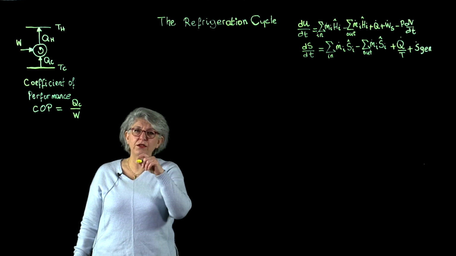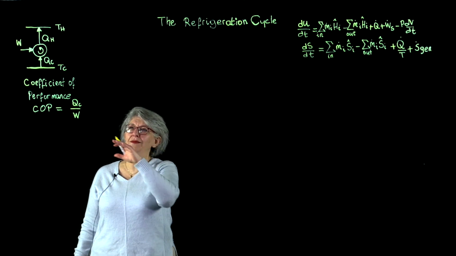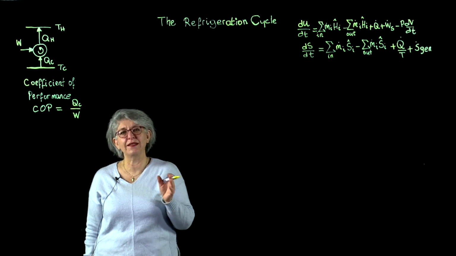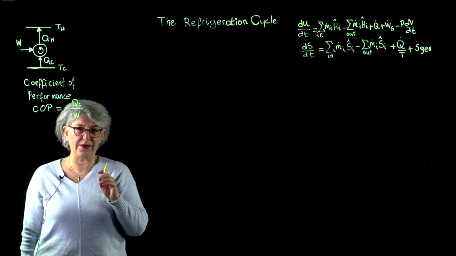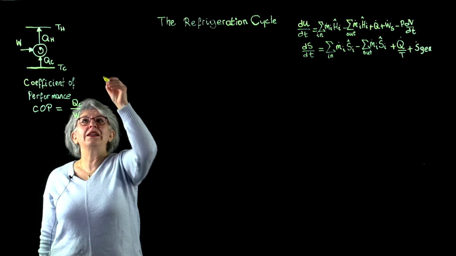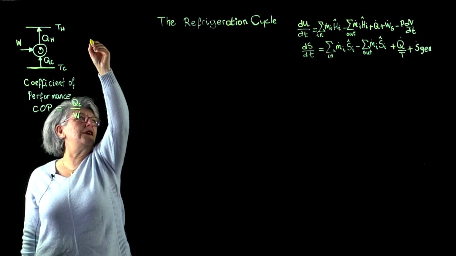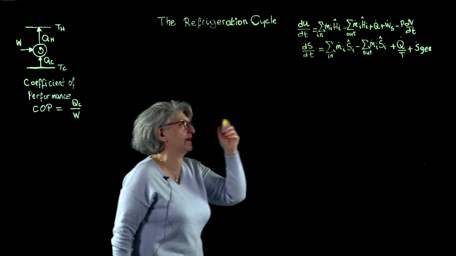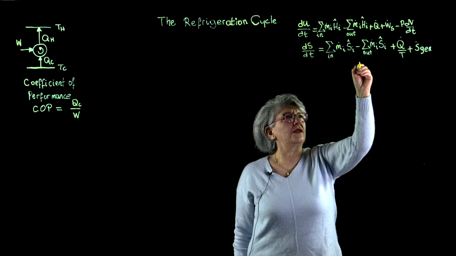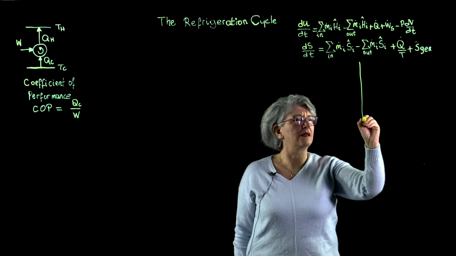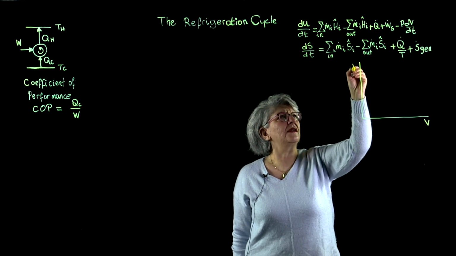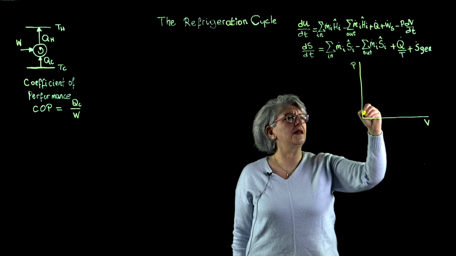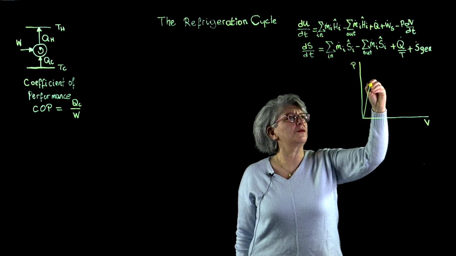Now, in order to be able to understand this, let's go back and remember our vapor-liquid equilibrium dome from a PV diagram. Perhaps it's better that I plot this here, that we have a PV diagram. This is our vapor-liquid dome.